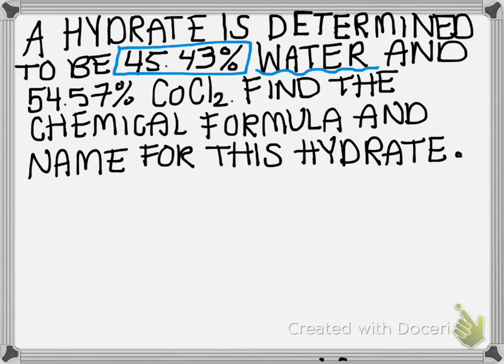And then you have 54.57% of CoCl2. And it's asking you two things: one is to find the chemical formula, and the other is to find the name for this hydrate.